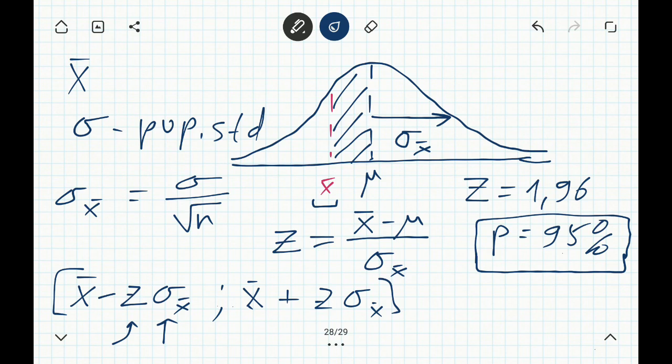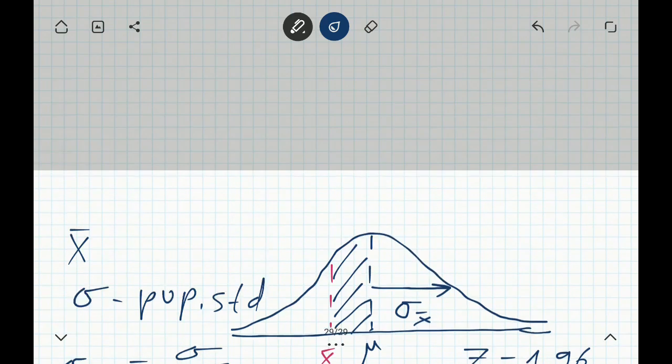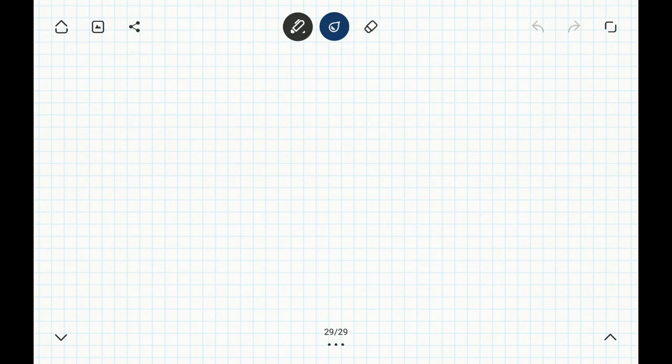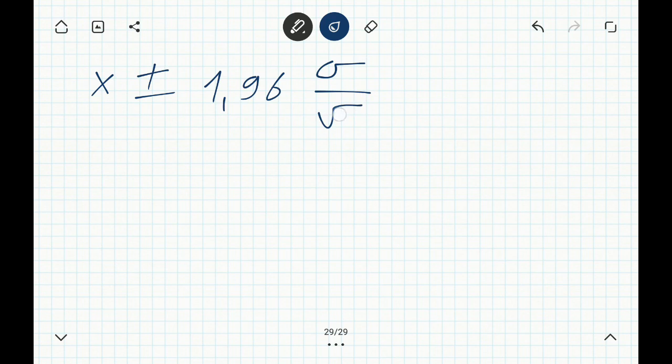So just as an example, if I want to be 95% sure, I will use x bar plus and minus 1.96 times the standard deviation of the data divided by the square root of the sample size.